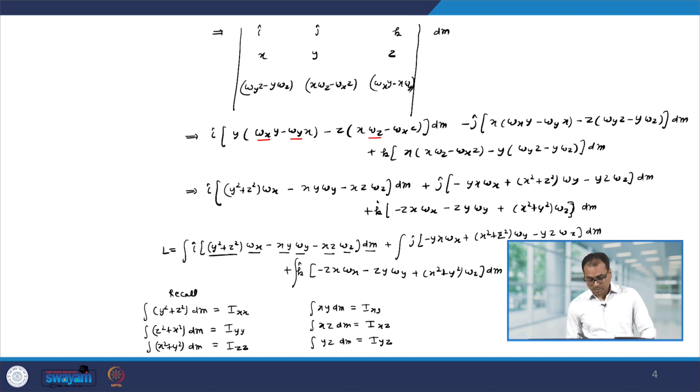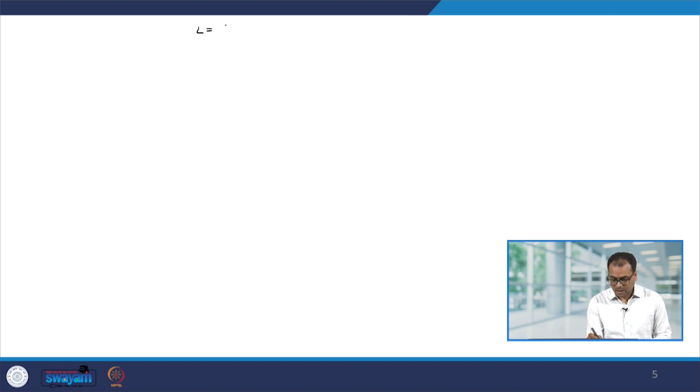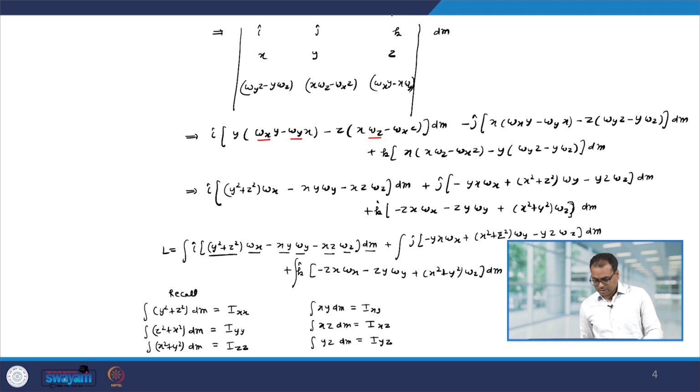Okay. So, let us put that in the above equation, keeping in mind that ω_x, ω_y and ω_z are independent of the integral. So, we have L equal to (I_xx ω_x − I_xy ω_y − I_xz ω_z) i. This is the first term, because this becomes I_xx. So, we have I_xx ω_x minus I_xy, the integral becomes I_xy.